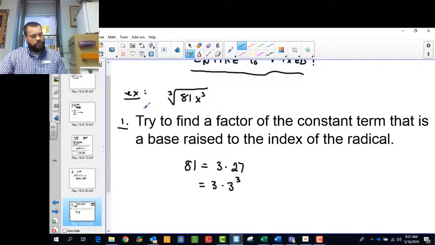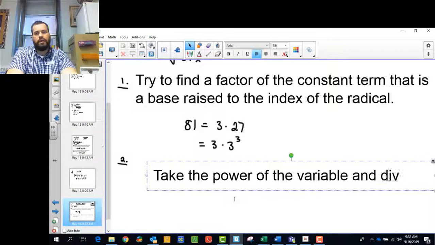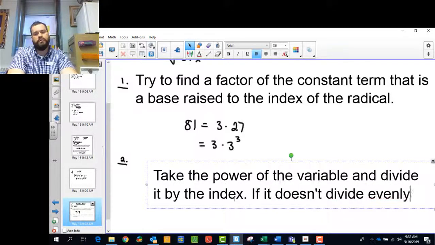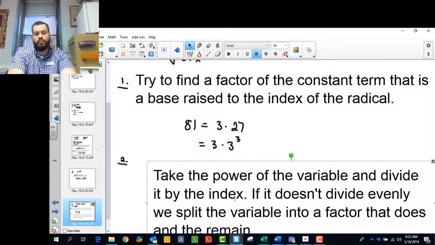Then we look at the variables, and what we do with the variables is we take the power of the variable and divide it by the index. If it doesn't divide evenly, we split the variable into a factor that does and the remainder.